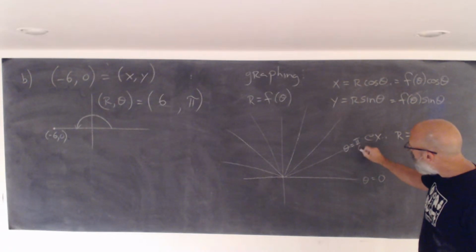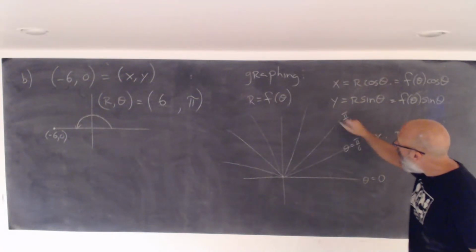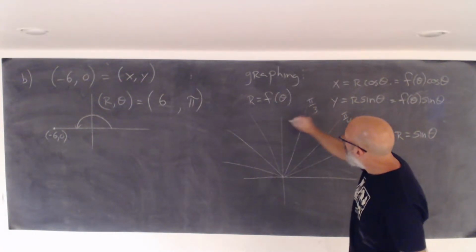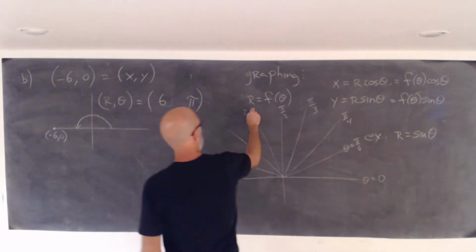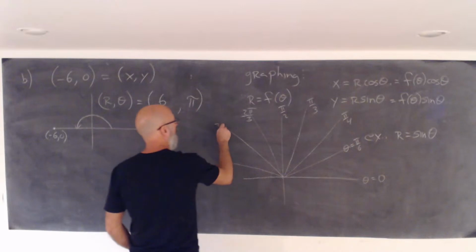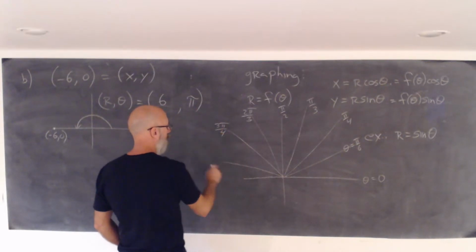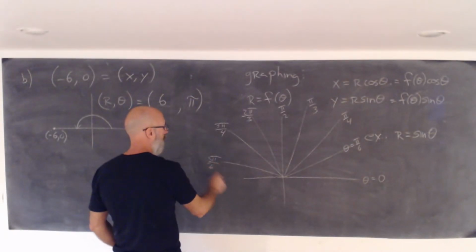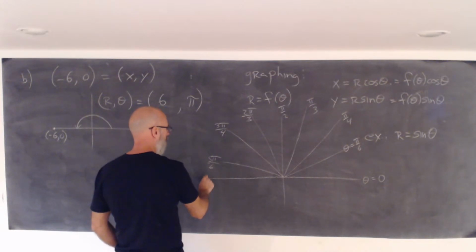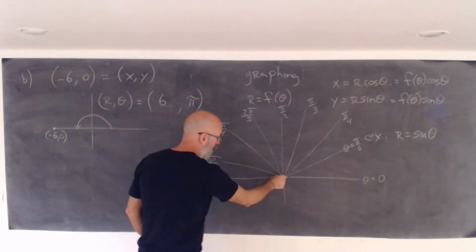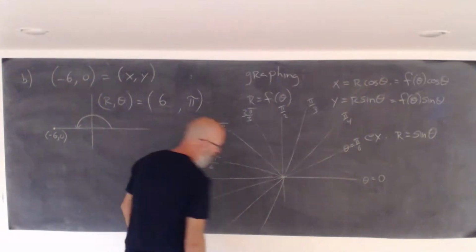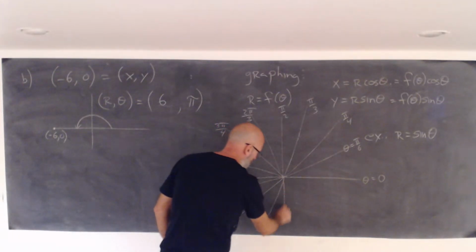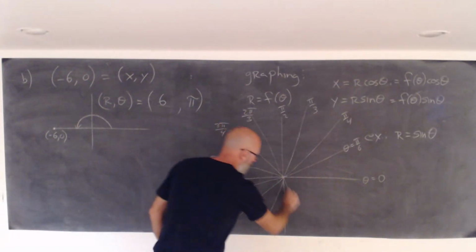Theta equals pi over 6, pi over 4, pi over 3, pi over 2. 2 pi over 3, 3 pi over 4, 5 pi over 6, and pi. And then you could keep on going. 7 pi over 6, 5 pi over 4, 4 pi over 3, 3 pi over 2, and so on and so on.